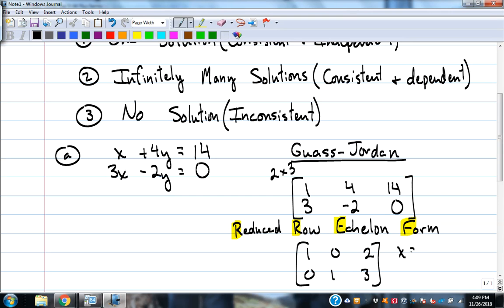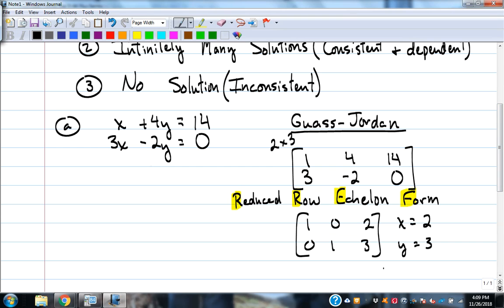What that tells us is that x equals 2 and y equals 3. So we get this ordered pair solution (2, 3). That's the solution to that system of equations using reduced row echelon form. It's called Gauss-Jordan elimination, because it uses a matrix.